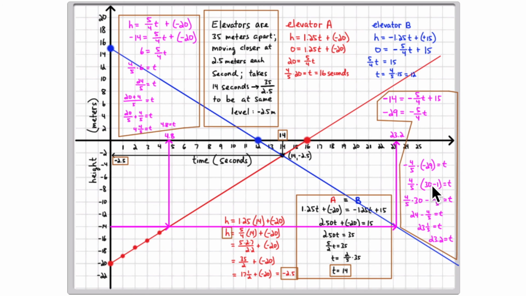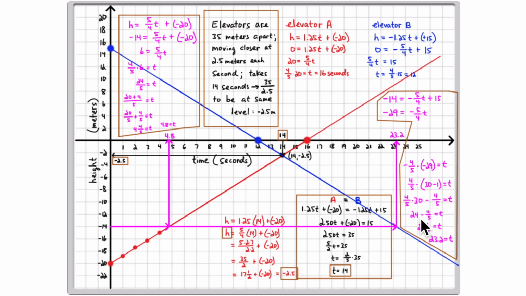And I rewrote 29 as 30 minus 1, so I can do this calculation in my head. So that means that it's going to be 4/5 of 30 minus 4/5 times this 1 right here. Well, 4/5 of 30, take 30 divided by 5. 30 divided by 5 is 6. And 4 of those 6's, each 6 is 1/5. You only need 4 of them.